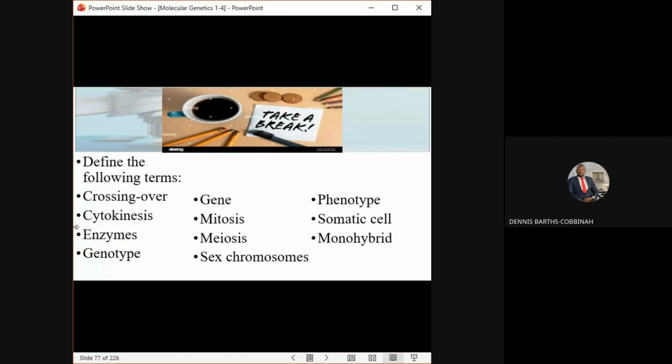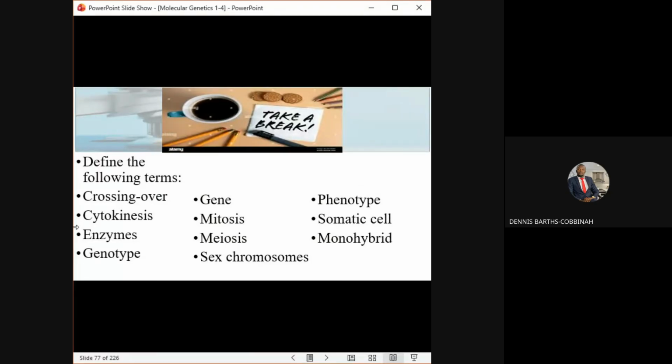Phenotype, we are referring to the physical expression of the genotype, the genetic constitution that I have made mention of. Its physical expression in an individual, we refer to it as phenotype.